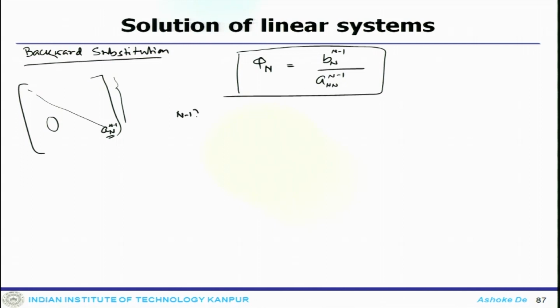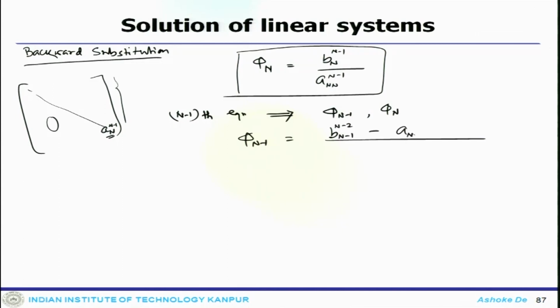Similarly, the n minus 1th equation, as I said, will involve two variables, phi n minus 1 and phi n, and phi n minus 1 can be computed as b n minus 1 (n minus 2) minus a n minus 1 n (n minus 2) phi n, divided by a n minus 1 n minus 1 (n minus 2).